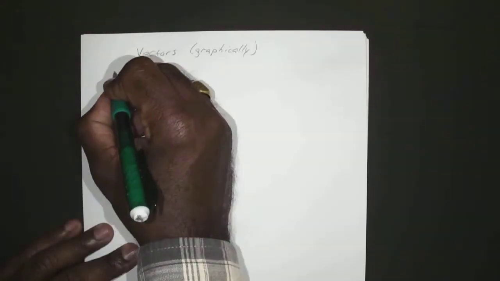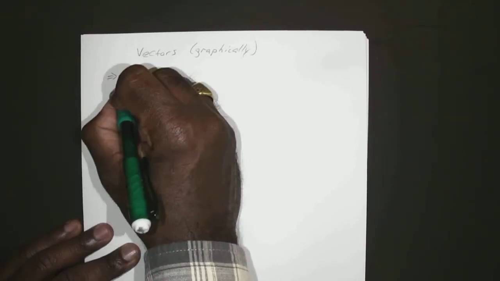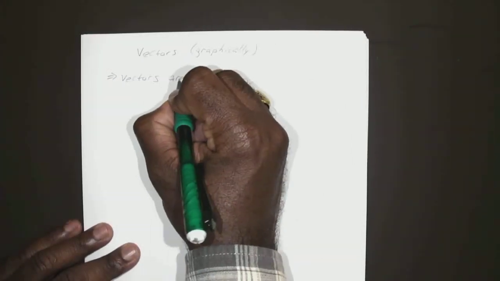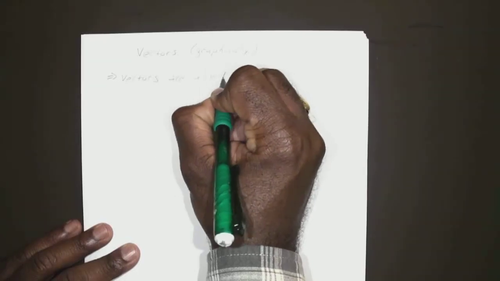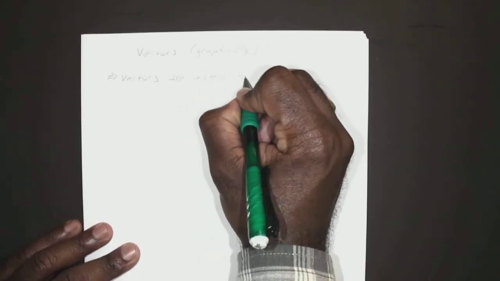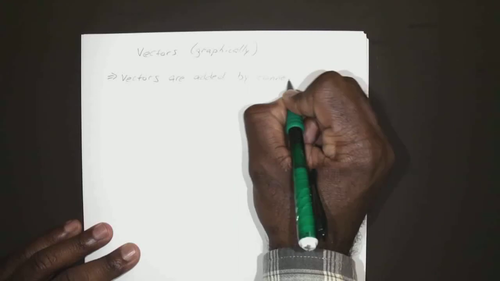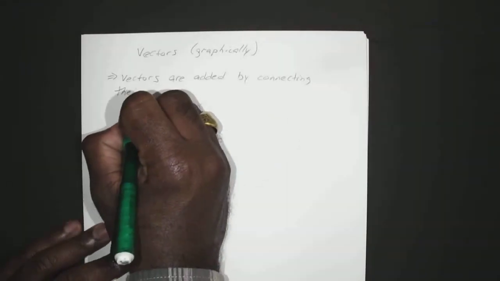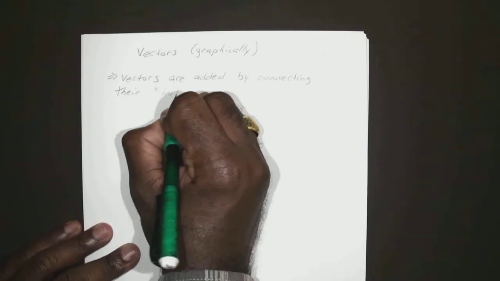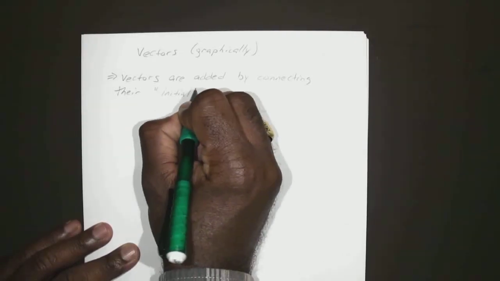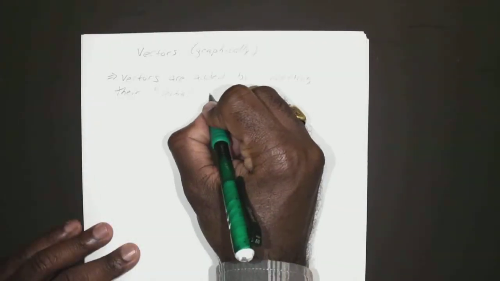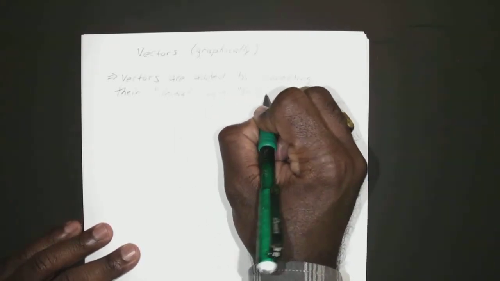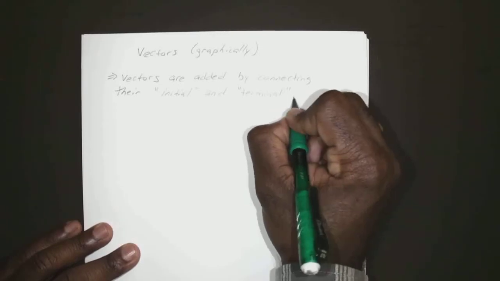Okay, so vectors are added by connecting their initial and terminal points.